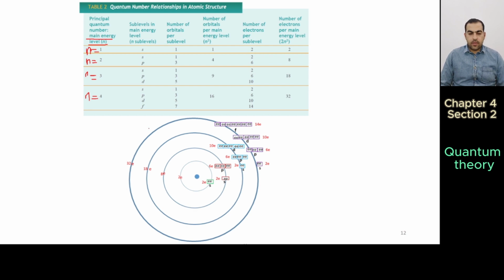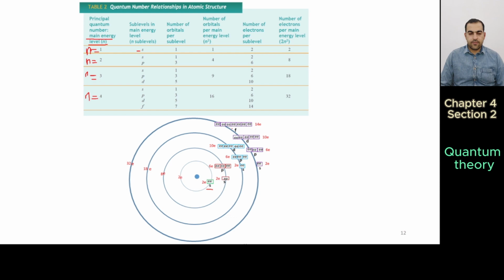Okay, now the sublevels in the main energy levels. How many sublevels do we have in the first energy level? 1. Second, we have 2, S and P. Third, we have SPD. Fourth, we have SPDF.